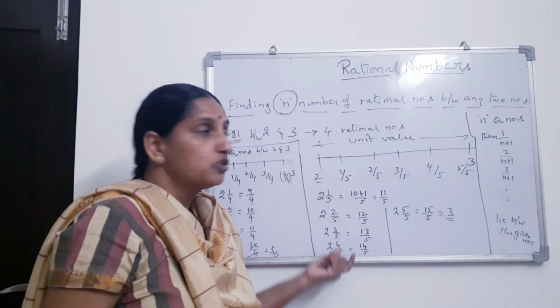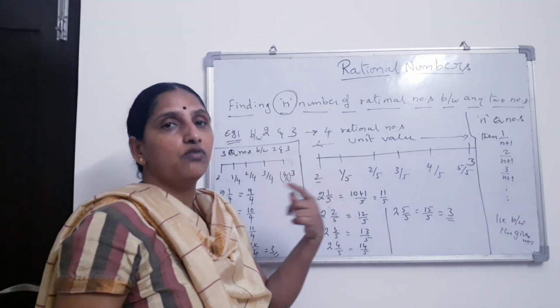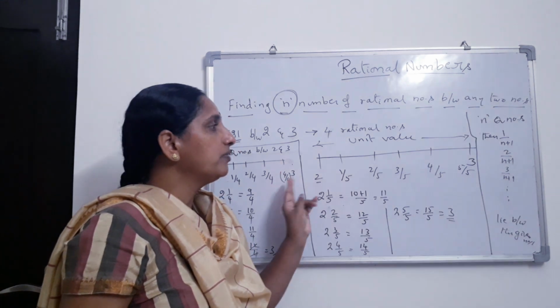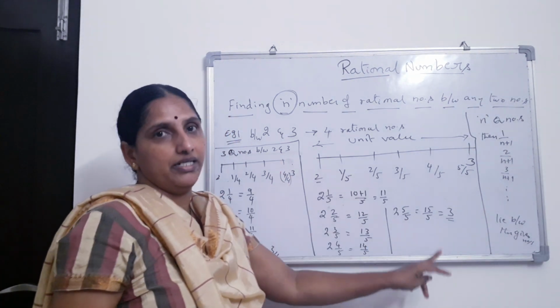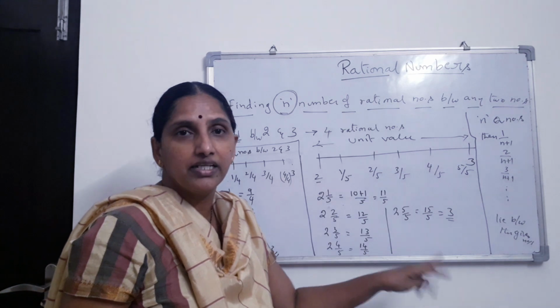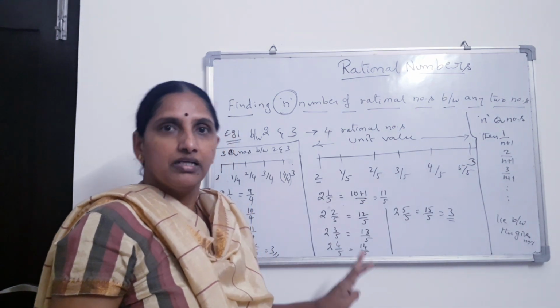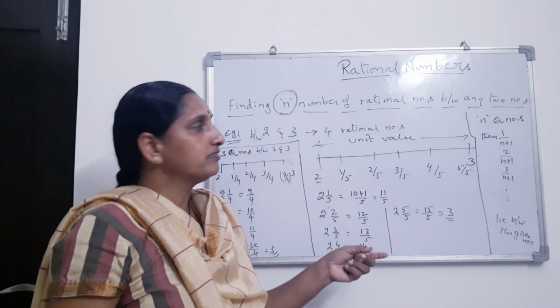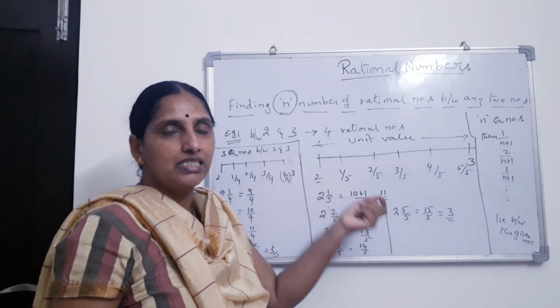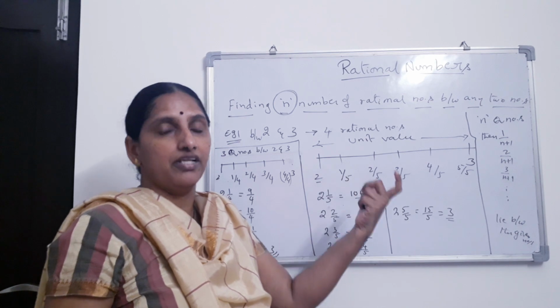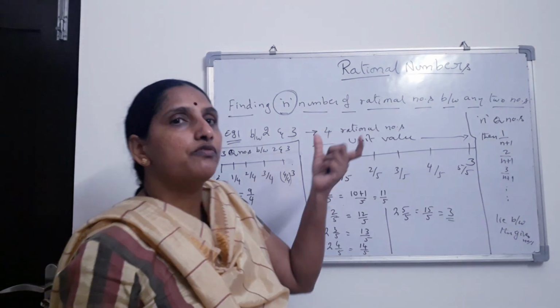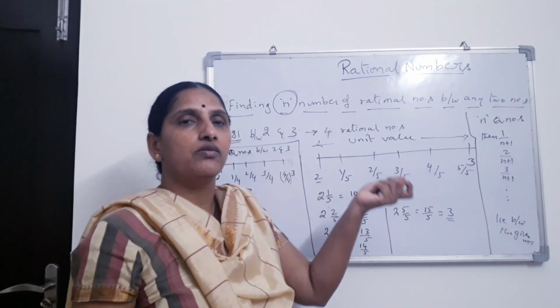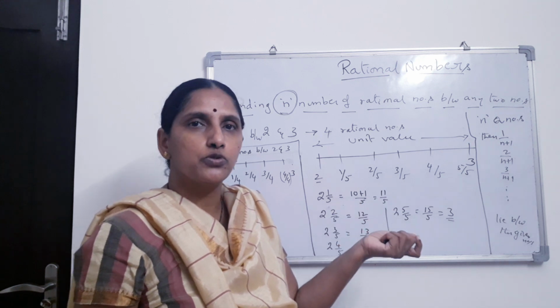Clear, children? So go through the whole thing again and watch the video twice, so that you will be able to understand the logic behind it, how we have to take it, why we are taking it like this. Clear? So I will stop here, and next class we will learn another method, that is the mean method, finding the average. By finding the average between two numbers, you can find a number which is exactly between those two numbers.